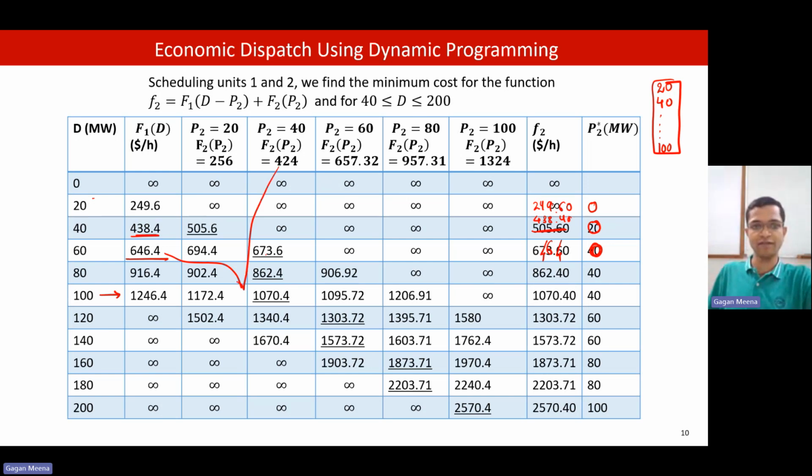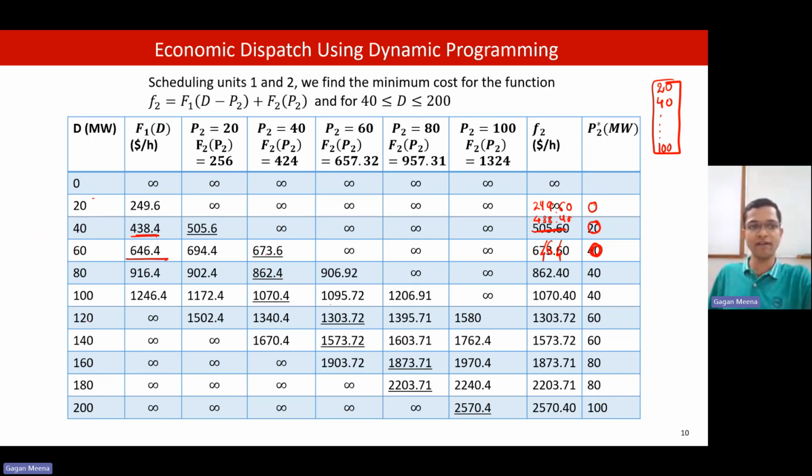Add these two, we'll get this. Then P2 60 and P1 40: add these costs. The last is P2 is 80 and P1 is 20. Out of all these five combinations, the minimum is this one, P2 is 40. So we choose this one.